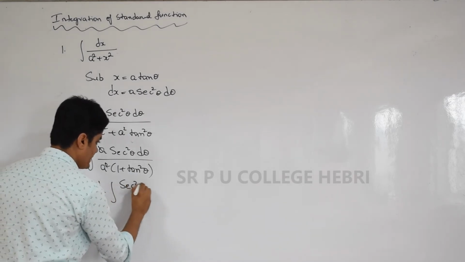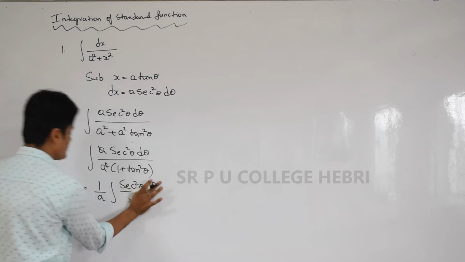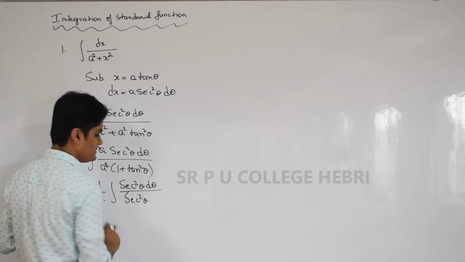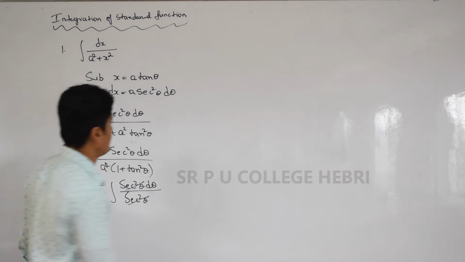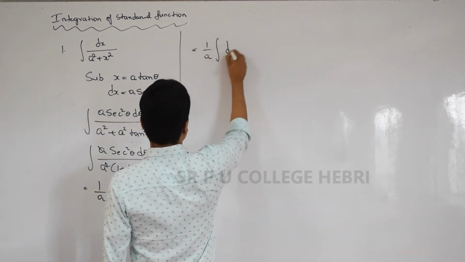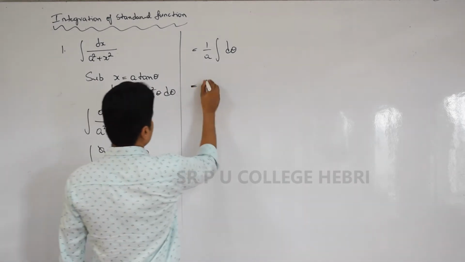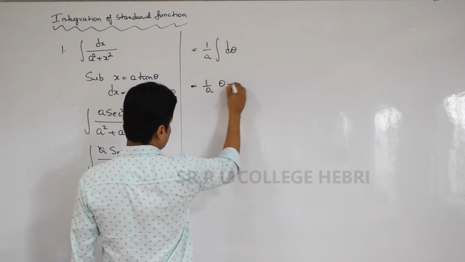The numerator is secant square theta d theta divided by 1 plus tan square theta. 1 plus tan square theta is nothing but secant square theta again, so these two get cancelled. The remaining is 1 by a into d theta. What is the integration of d theta? It is theta plus c.